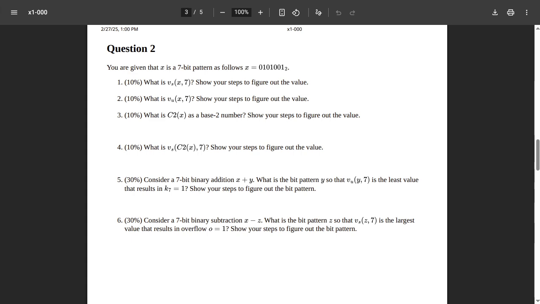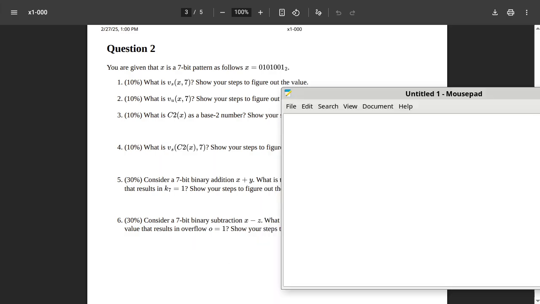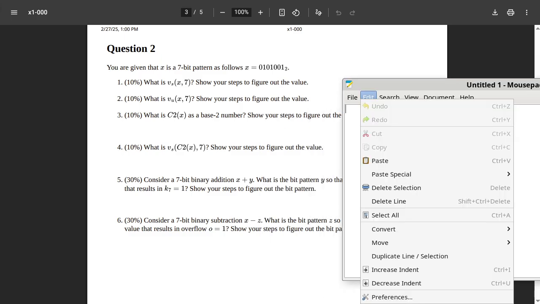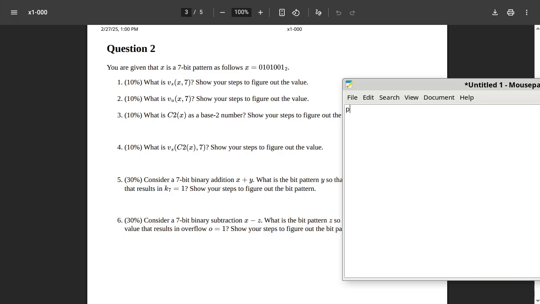Let me go to the mouse pad. All right, so let me quickly write down the answer to part 3.